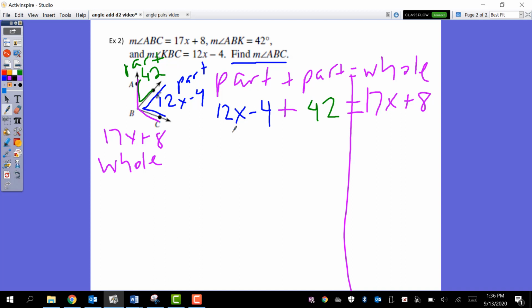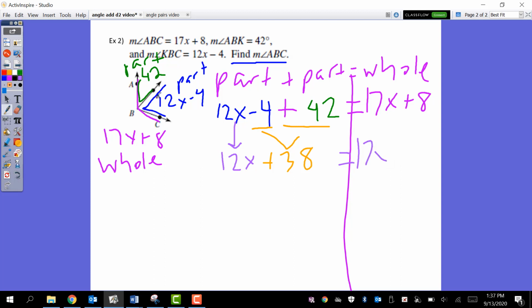All right, so this time when I'm combining like terms, what goes together on this side? I got -4 and +42. They can go together. -4 plus 42 is +38. Did the 12x add with those? No, it did not. It's by itself, so I'm just going to bring it down. 12x. Great. On the other side, did these add together?